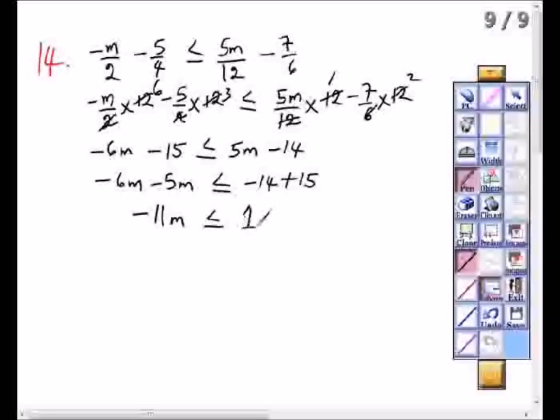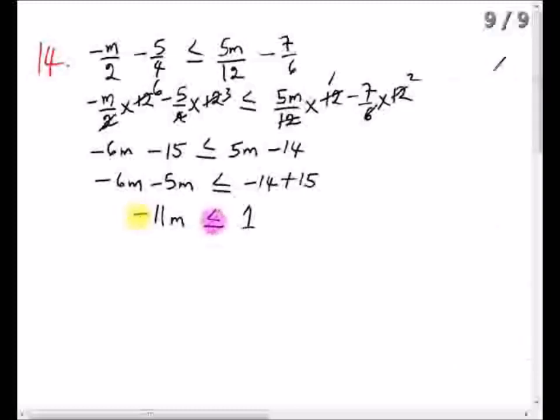Now we shall divide both sides of this inequality by the coefficient of m. And because it is a negative value, it will change the inequality sign in between, which is less than or equal to, to the opposite, which is greater than or equal to.